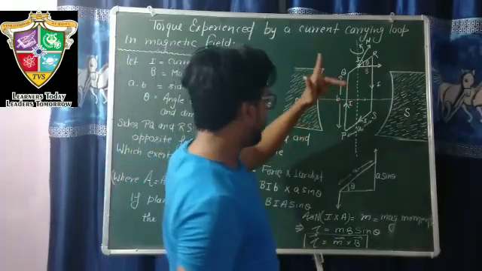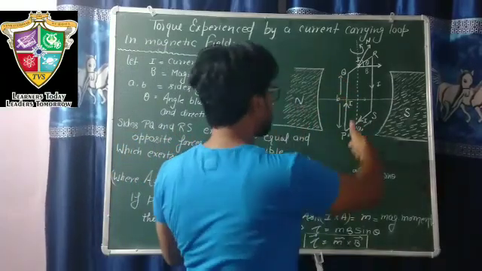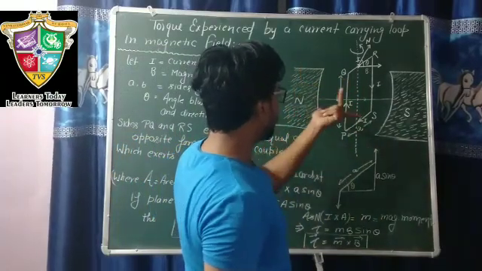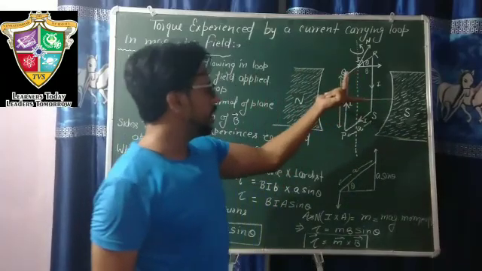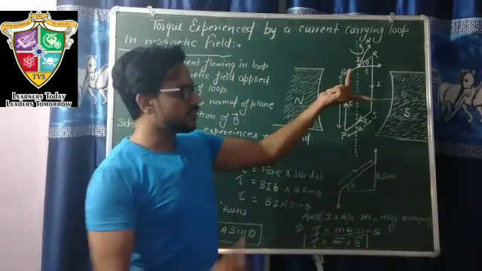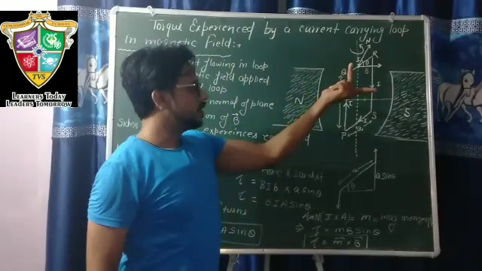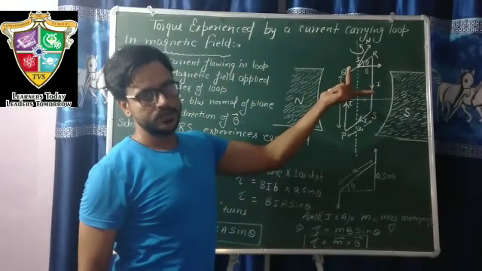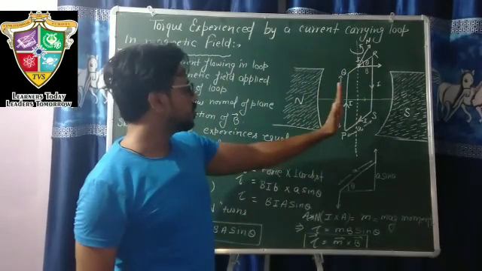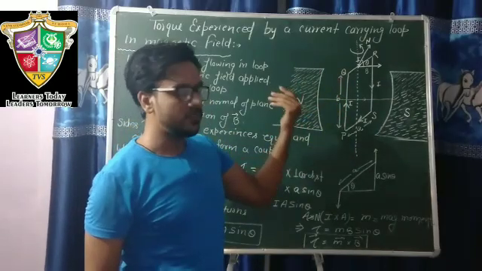So if I apply this rule on this arm, current is flowing from P to Q and the magnetic field is from north to south, my thumb is pointing inwards, so the force experienced on this arm PQ is inwards.